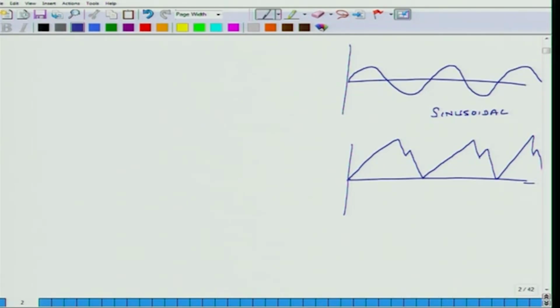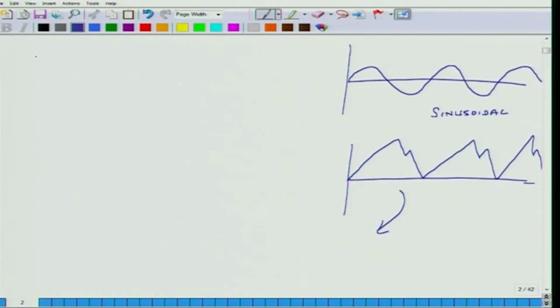The point I am trying to make is that a periodic function need not be only sinusoidal in nature. As long as a function repeats itself, it is a periodic function. Sinusoidal functions are a particular type of periodic function, but they are not the only periodic functions there are. And in Fourier series, our goal is to express these periodic functions as sums of cosines and sines. So that is what we are going to do.